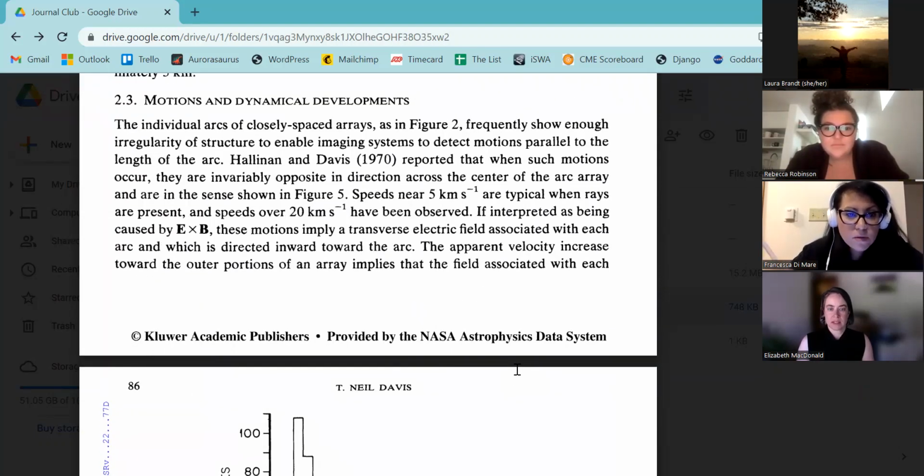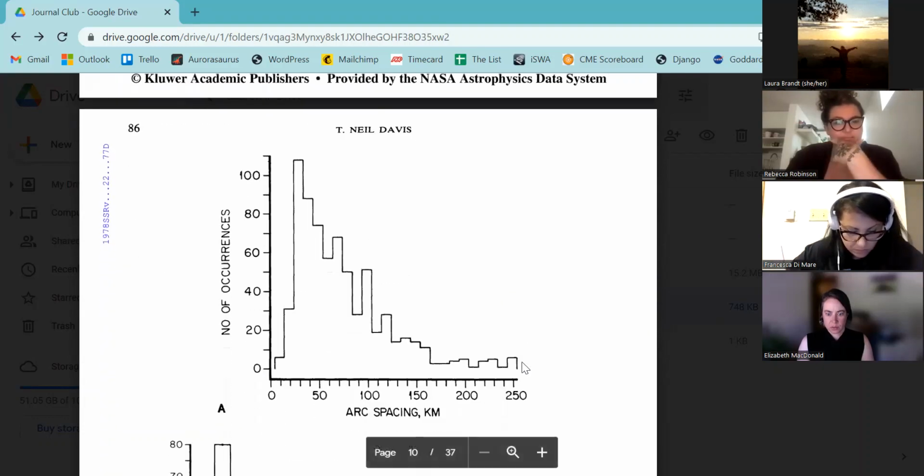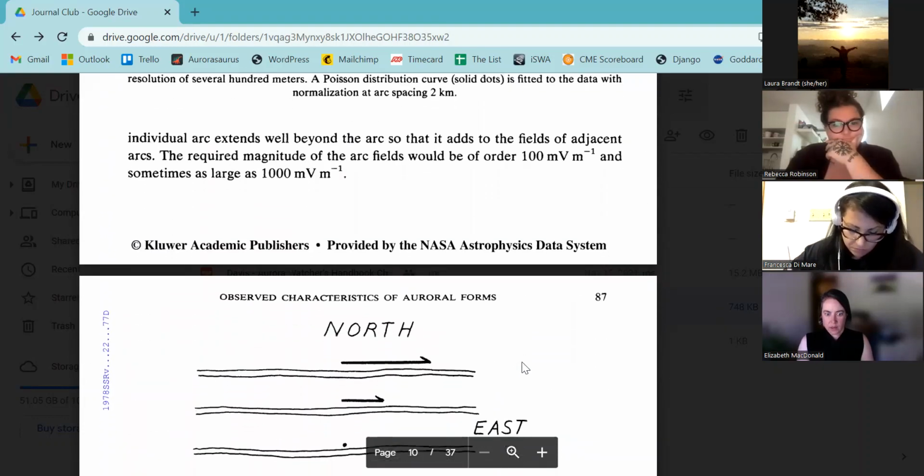And then this next section on the motions and dynamical developments starts to talk about the physics of the speeds at which these arcs can move and what that means. Which starts to be interesting, but also pretty technical.